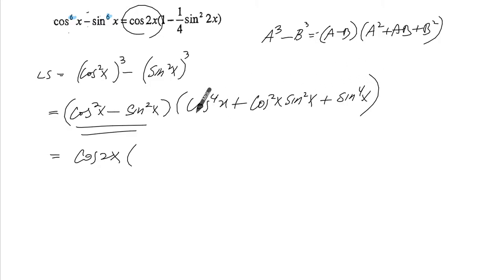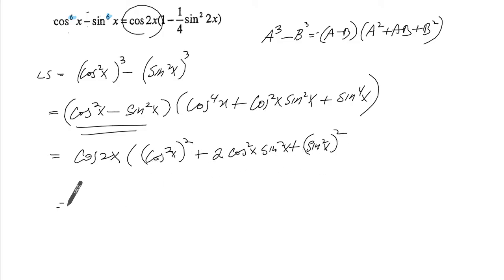So note that this here can be thought of as cosine squared of a squared. Okay, and if I actually had 2 cosine squared x sine squared x, and this is sine squared x of a squared, this here is a perfect square.